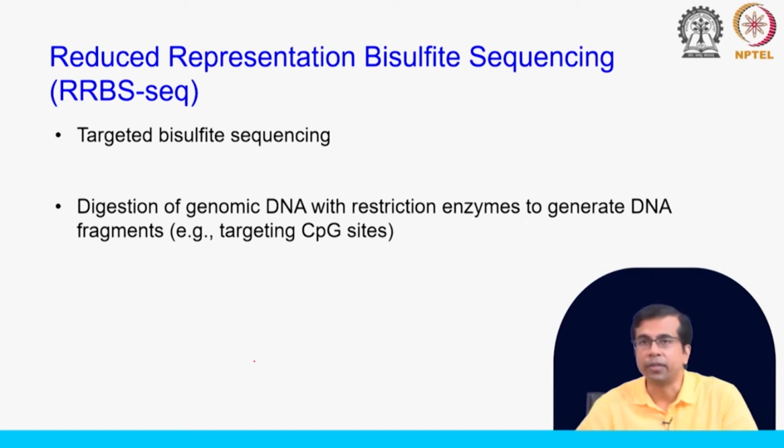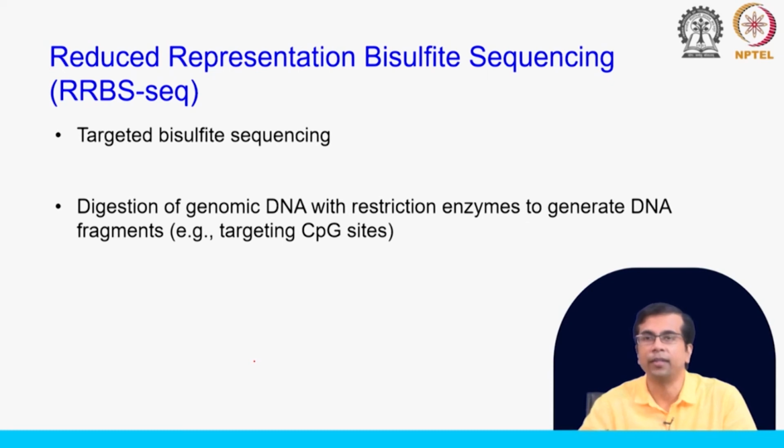Now, you can use a certain strategy to make your life easy. For example, you can target the CpG sites with enzymes that are insensitive to methylation pattern. If you are targeting in and around CpG sites, you can then take those fragments and sequence them, and immediately at the ends of these fragments you will have these methylation patterns.